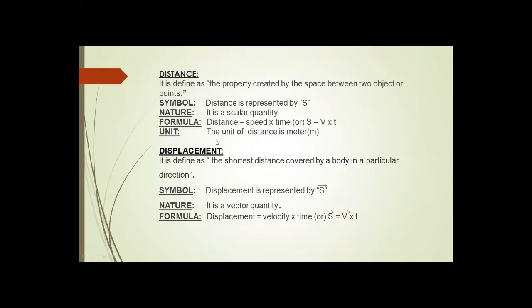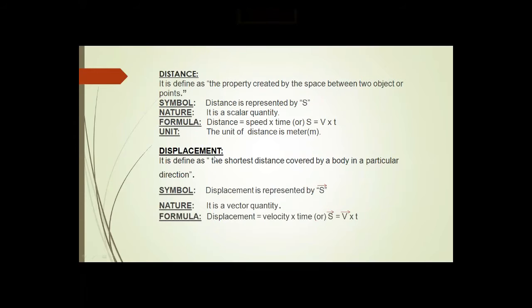And the unit of distance is the meter, because distance can be expressed by length, and we have learned in chapter number 2 that the unit of length is the meter.